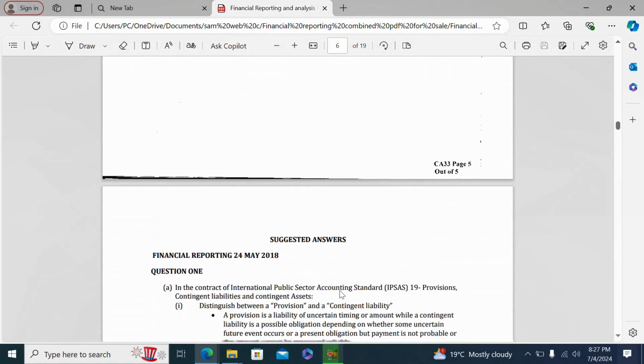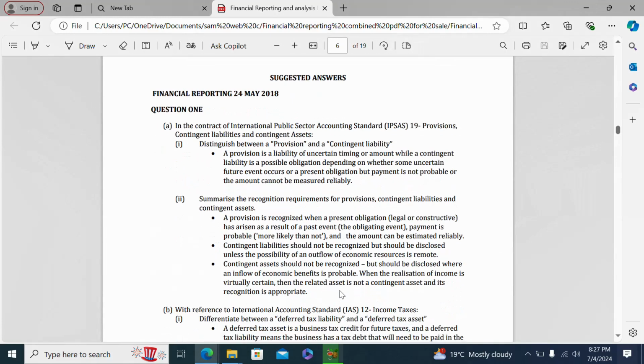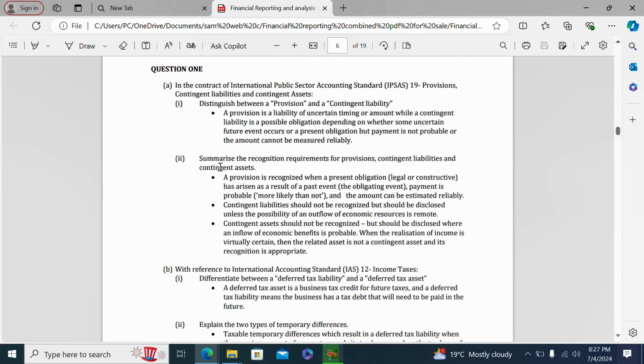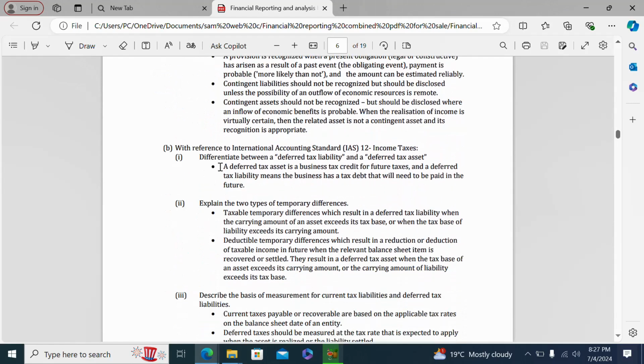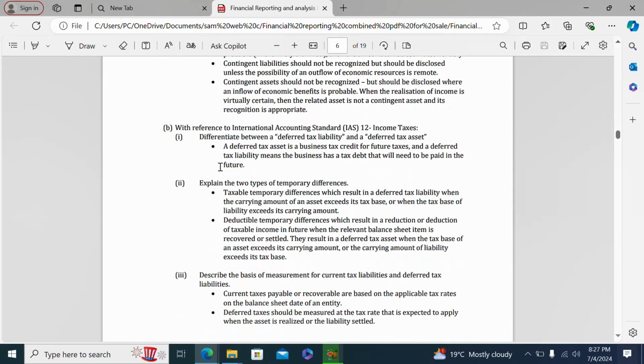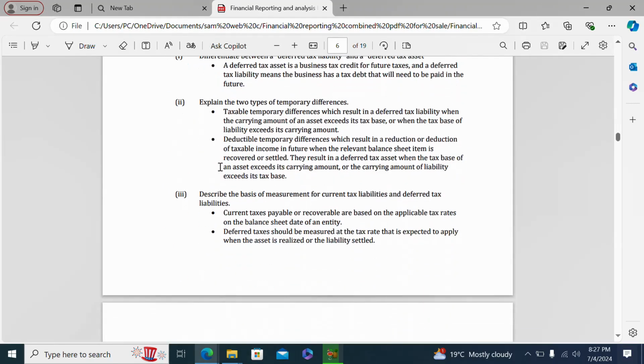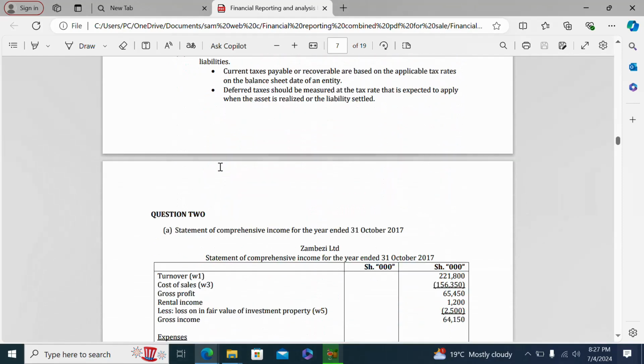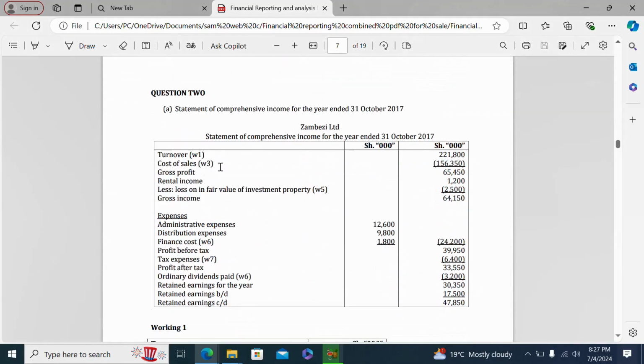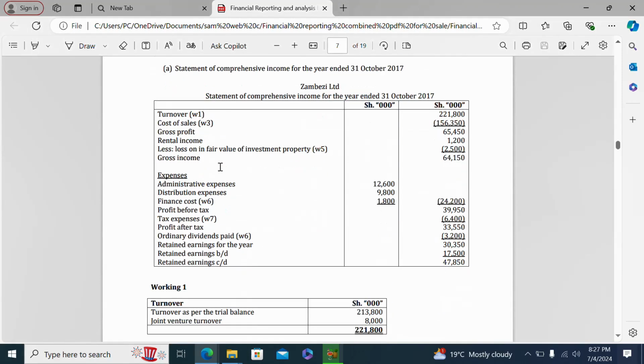So, the answers that I have presented, we have the answer of question 1. Then we continue to part B of the question. Then we have question 2. We have the statement of comprehensive income of Zambezi Limited.